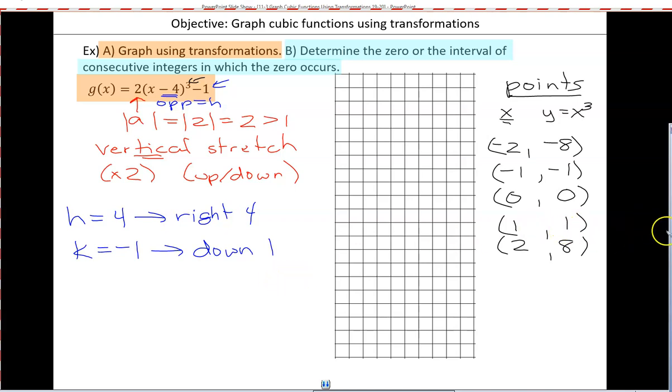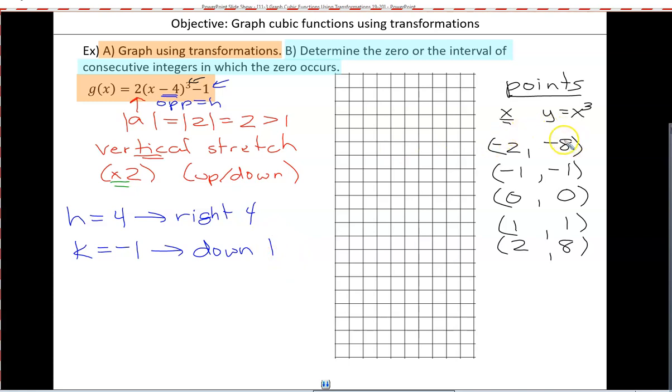All right, so when we are graphing functions this way, where we don't have the points on the graph, we have points that we're using, I've written them over here, it can be helpful to understand where they're going to go, especially with a stretch, which makes them stretch away or farther from, in this case, the x-axis. So the y values here are actually what are going to be stretched by our factor of 2.